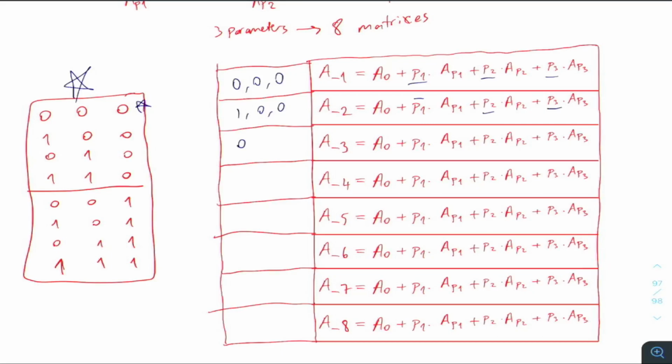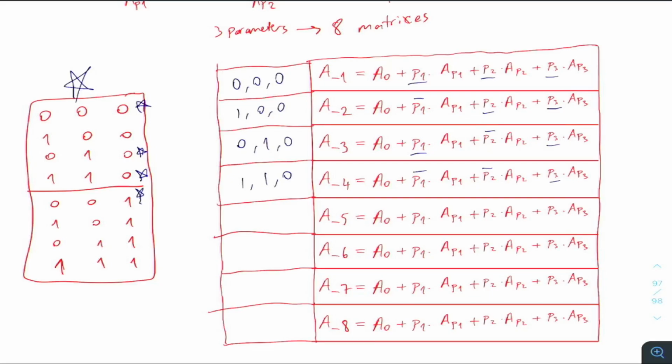Then 0 1 0: minimum, maximum, minimum. The fourth case, 1 1 0: maximum, maximum, minimum. Okay, that's great.